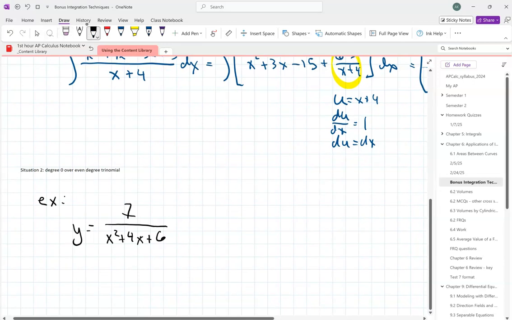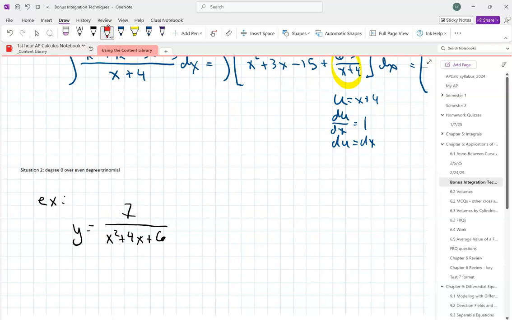Actually, I'm going to make it a little bit trickier. So let's say we have 7 over x squared plus 4x plus 6. Now notice that this is not something we can u sub as it's currently written, because your choice for u would have to be the denominator, x squared plus 4x plus 6. But if I take the derivative, I still have an x term left, then I can't substitute that out anywhere, so it's not going to work for us.